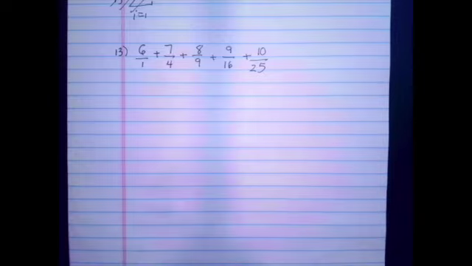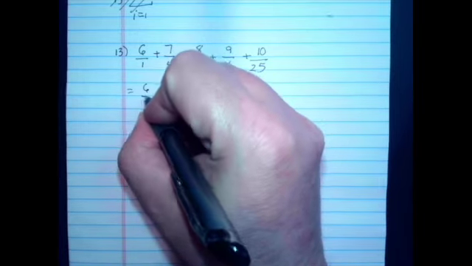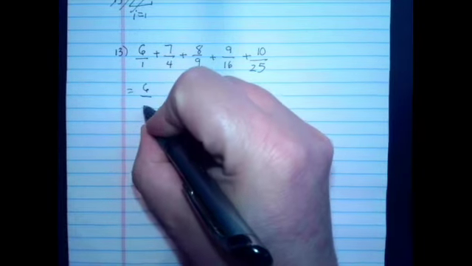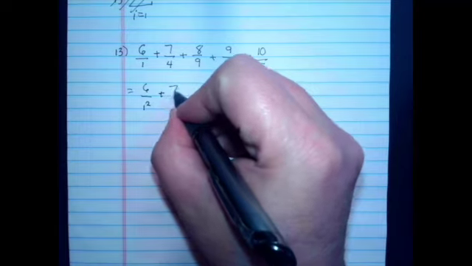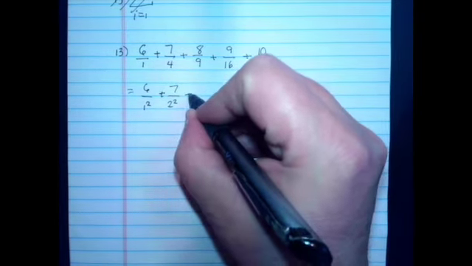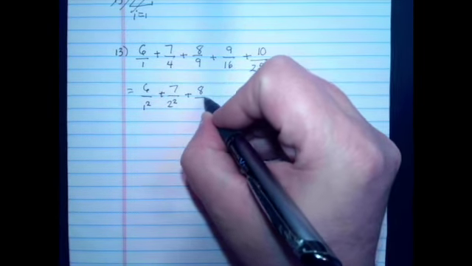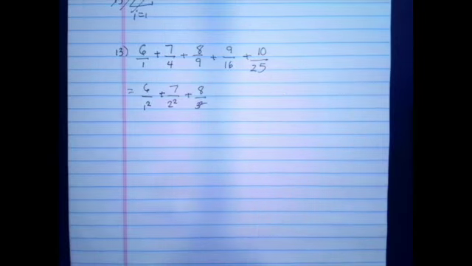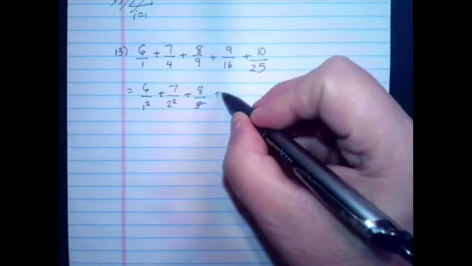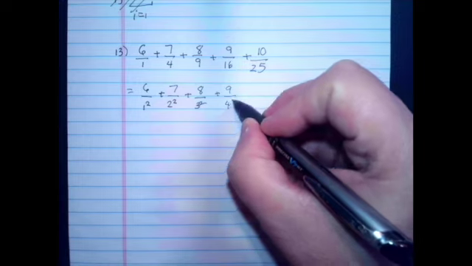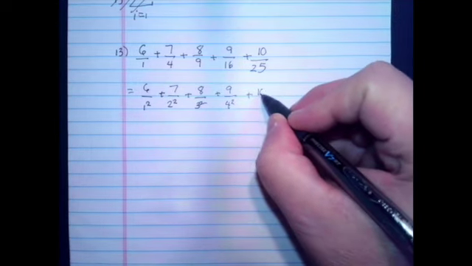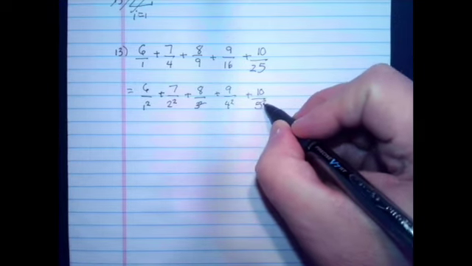Each of those is a perfect square. So we can write this as 6 over 1 squared, plus 7 over 2 squared, plus 8 over 3 squared, plus 9 over 4 squared, plus 10 over 5 squared.